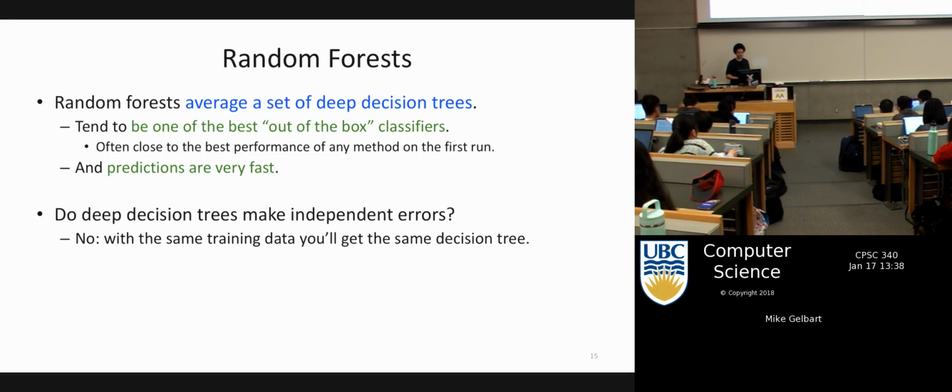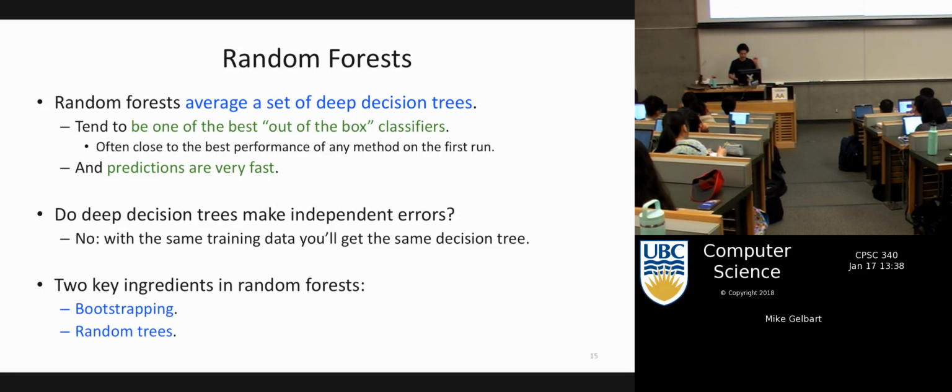So basically, if we take a bunch of decision trees and train them, will they make independent errors? No. So if we just train 20 decision trees on the same data set, we'll roughly get 20 identical decision trees. So we need to inject some variability between the trees so that when we average them, it's actually meaningful.